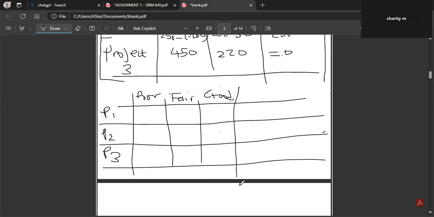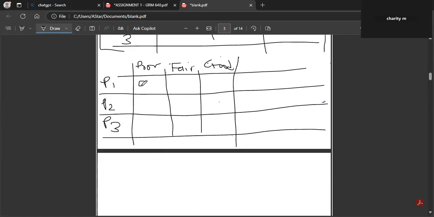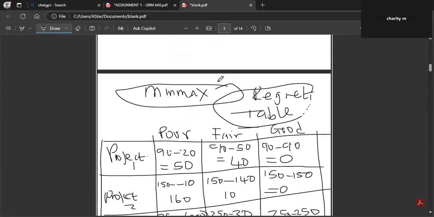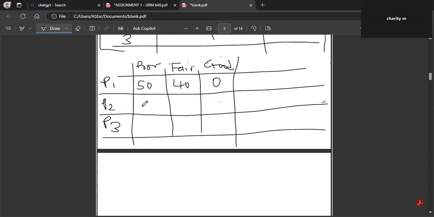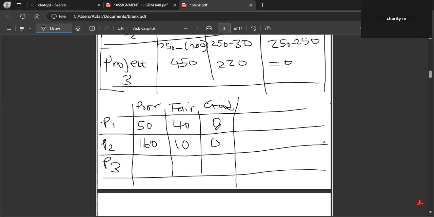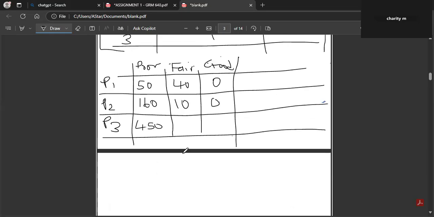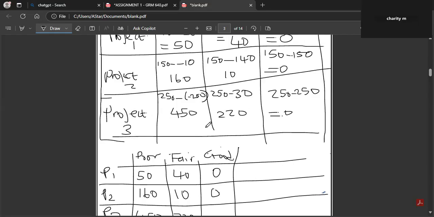So the figures that we have are 50, 40, and 0. Then the other one is 160, 10, and 0. Then the other one is 450, 220, and 0.